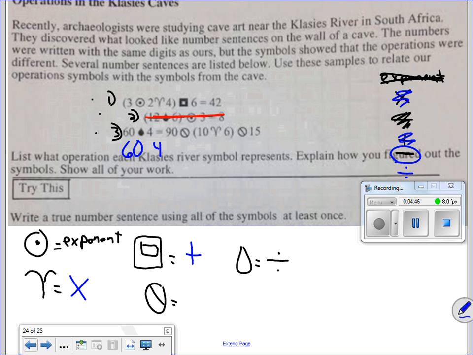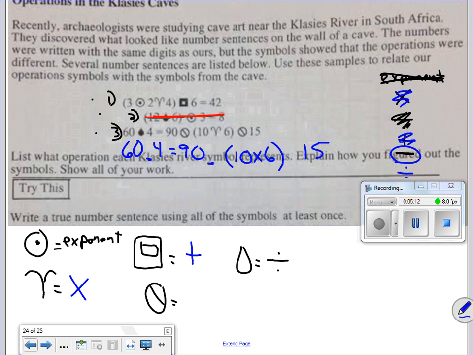So we need to do something in this area right here. Equals 90. We don't know what that symbol means yet. 10 times 6, and then we don't know what that number is with the 15. So let's take a look here. We have to do something here. So let's try this out.